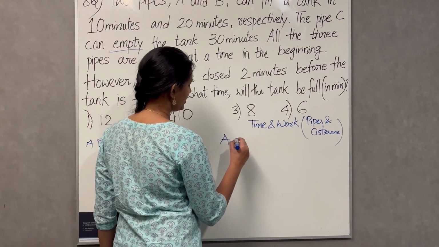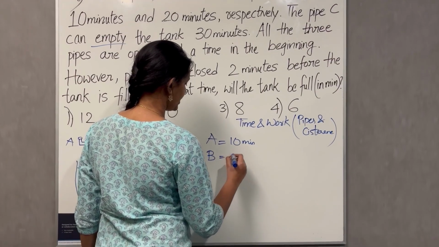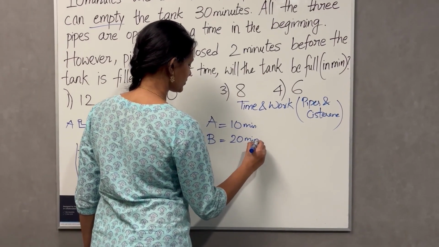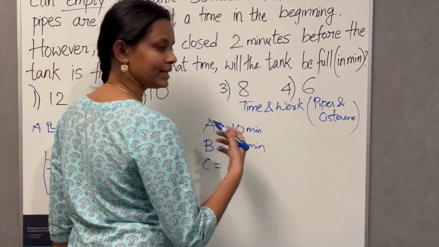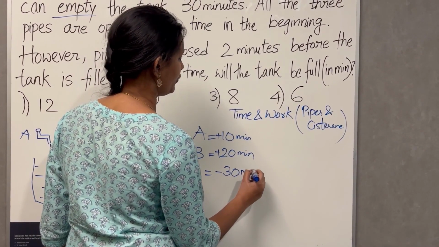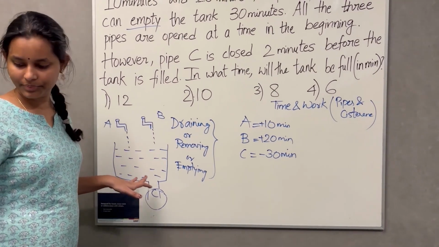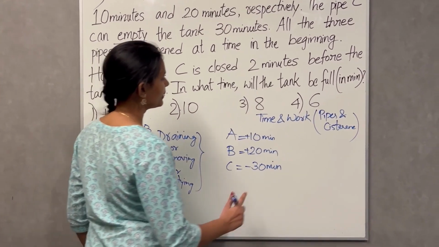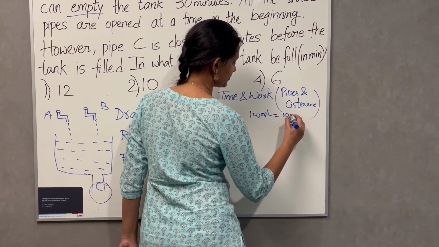So we'll write everything, whatever is given. A is 10 minutes. B is given as 20 minutes. Here A and B are doing positive work because they are filling the tank. But C is doing negative work. It's removing the water, whatever A and B taps are filling. So here one work is 10 minutes.